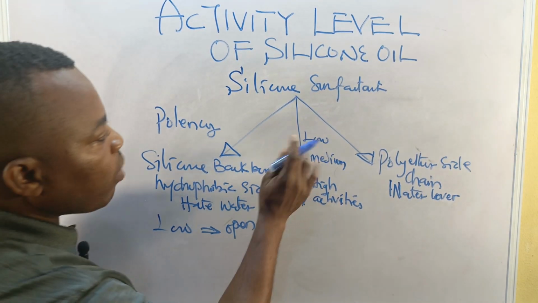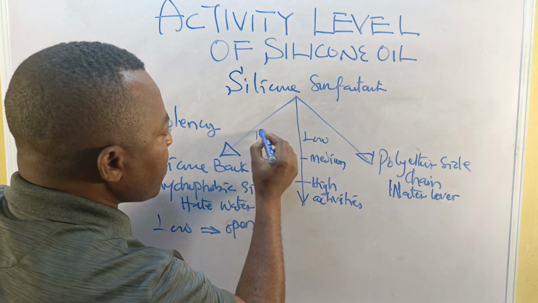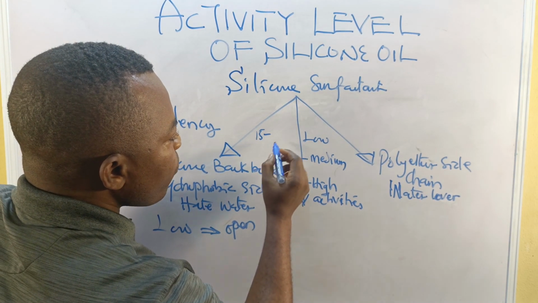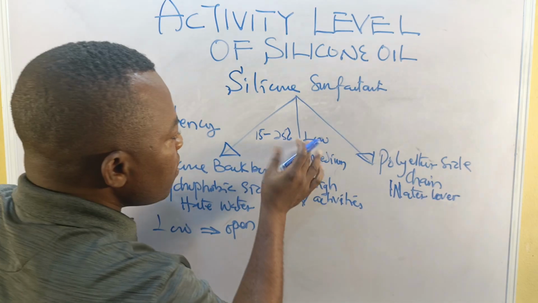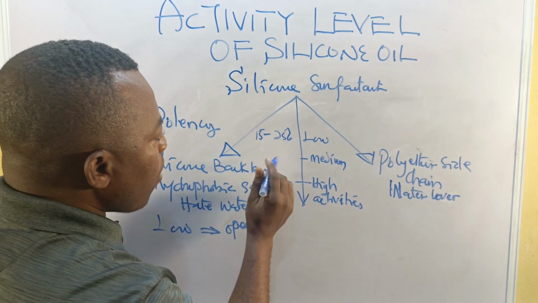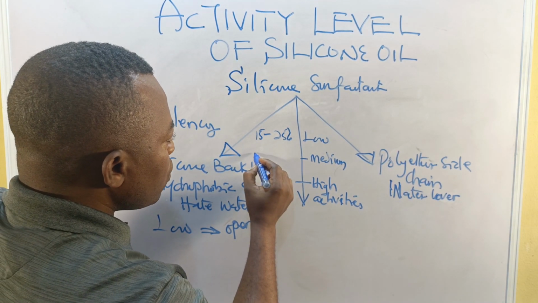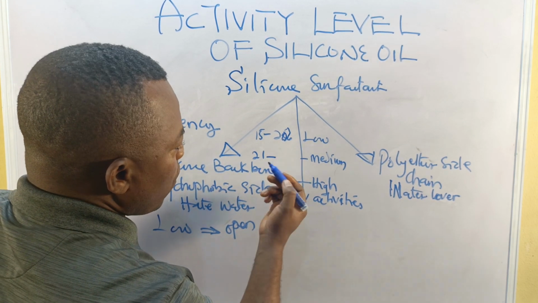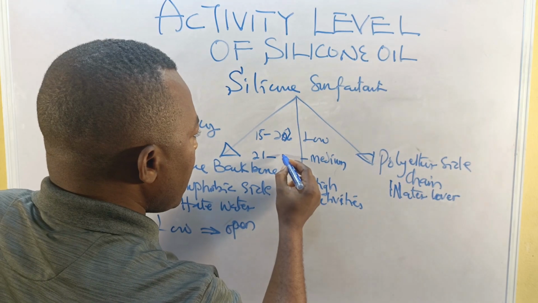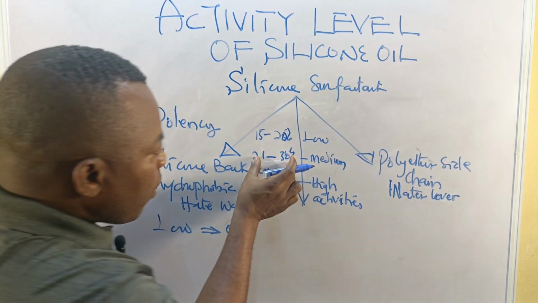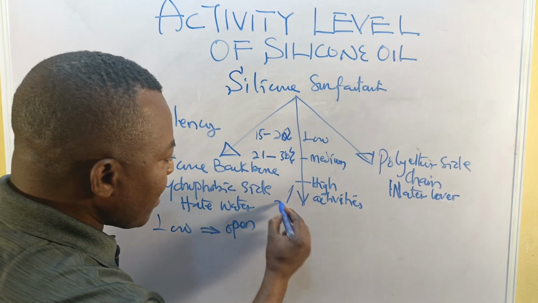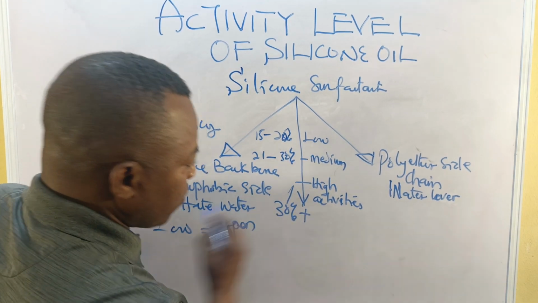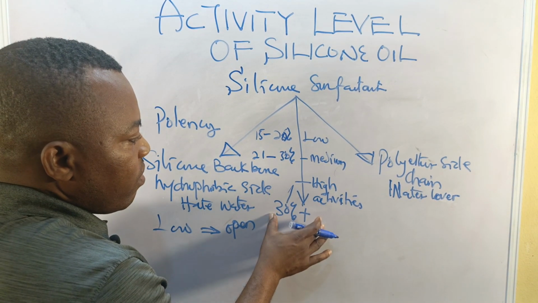Now if you look at that of low, it will take 5% to 25% silicone potency. This one will take, let's say 20 to 30% silicone potency. Then high density will take 30% plus potency level.